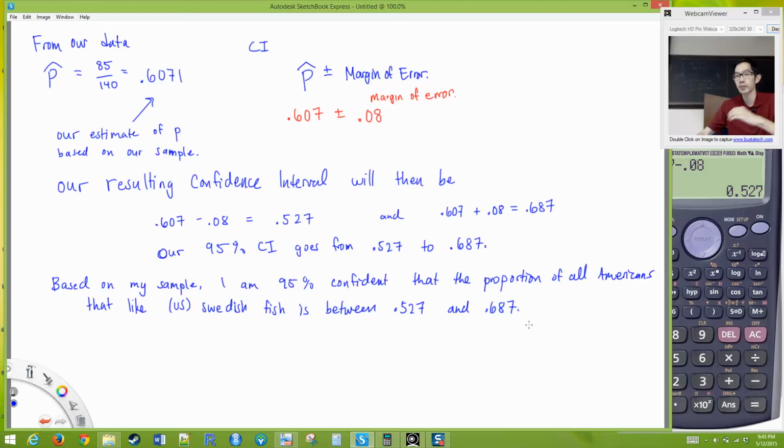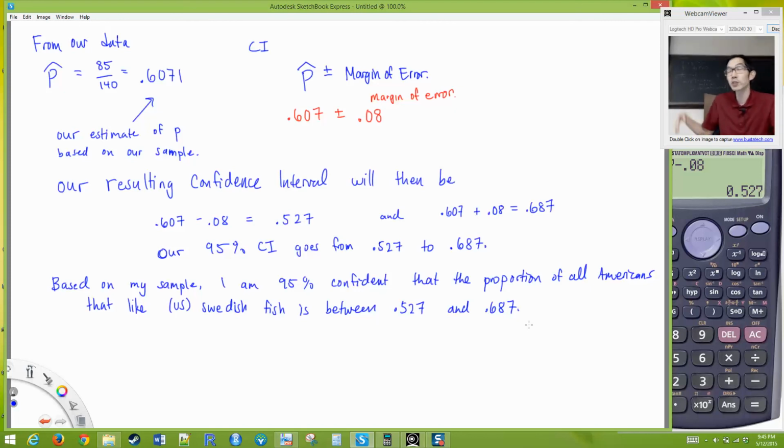What does it mean to be 95% confident? It means we're pretty confident, but we're also making a disclaimer saying, I could also be wrong. I'm 95% confident in my answer, but I'm also 5% unsure about it, and that's because we don't know what the population looks like.